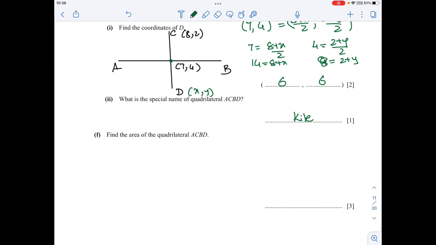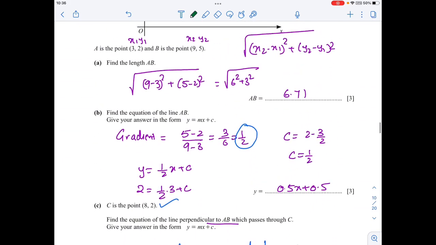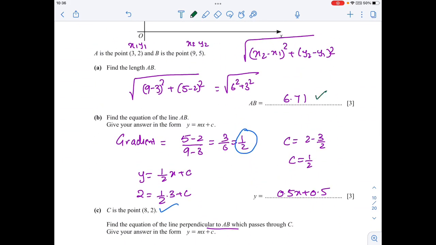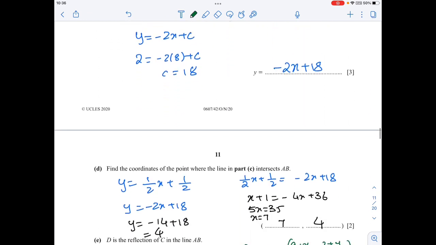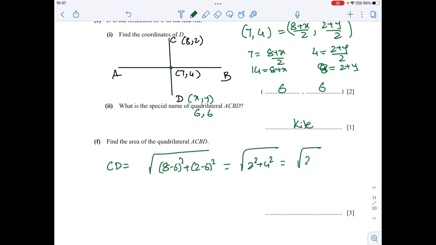It is the distance between AB and CD. AB's distance we have found as 6.71. Then we have to find CD's distance. So the CD distance is equal to square root of, this one was (6, 6), so 8 minus 6 whole square plus 2 minus 6 whole square, which is 2 square plus 4 square, which is 4 plus 16, 20.